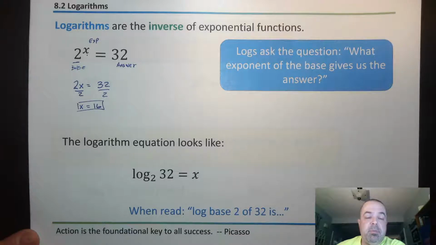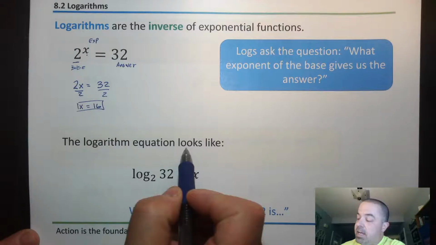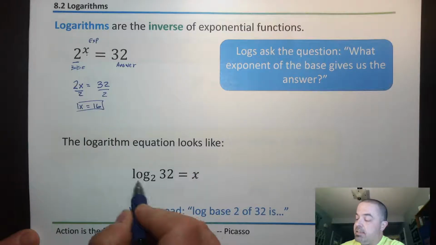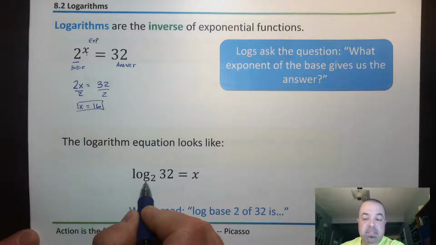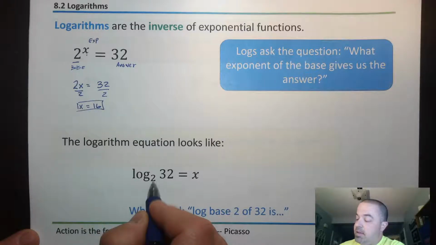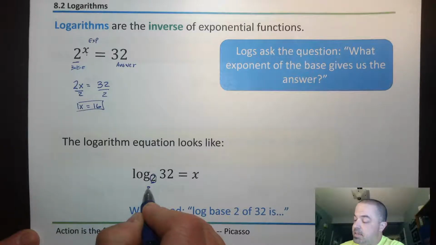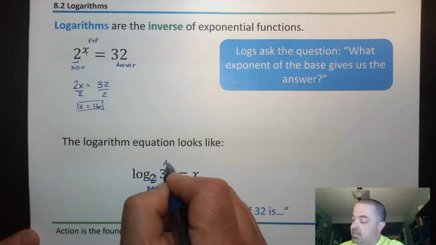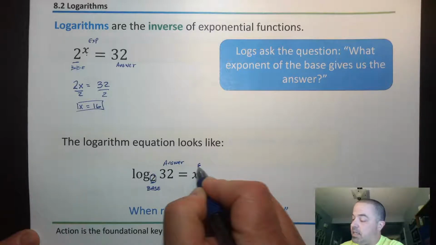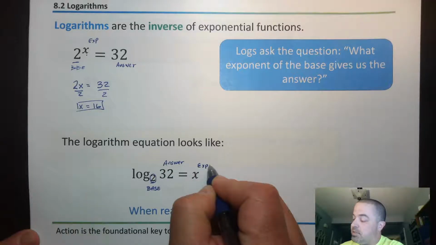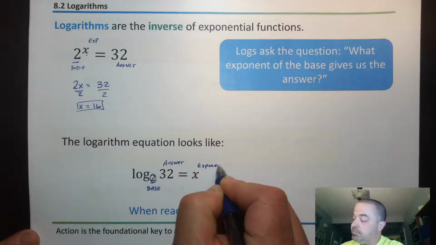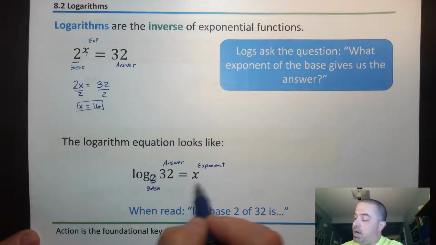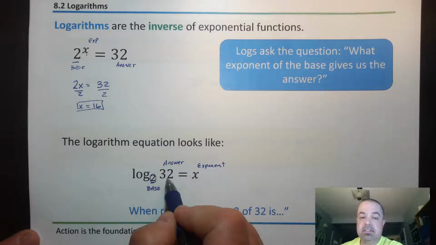Remembering that and keeping that in mind as we move ahead, to solve this, we are going to rewrite the equation so it looks like this. Log, which means logarithm, base 2, here's my base, here's the answer, and here is the exponent. Because remember, the log asks the question, what exponent of the base gives me this?